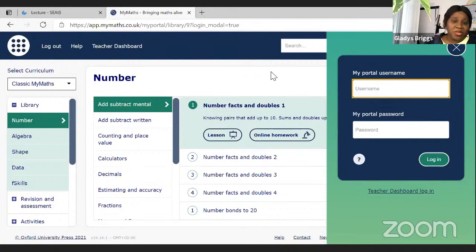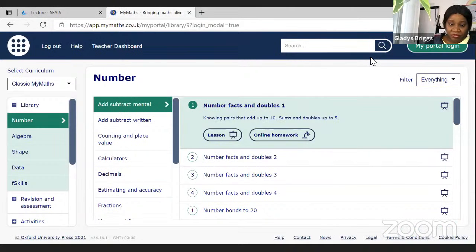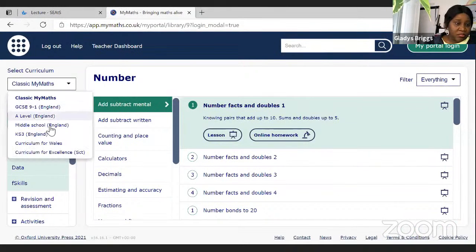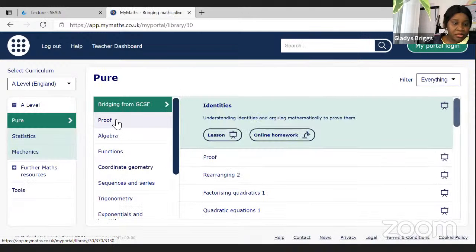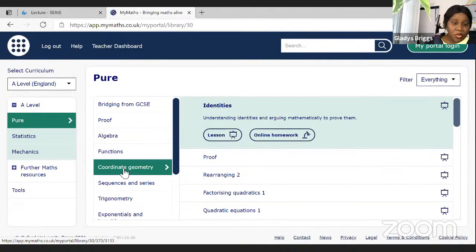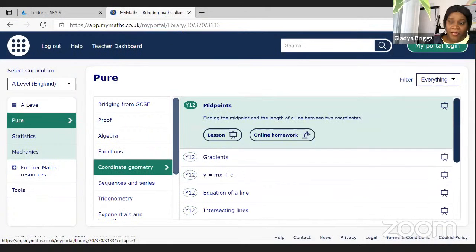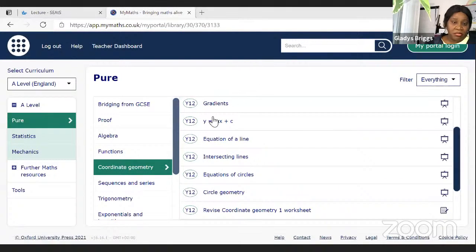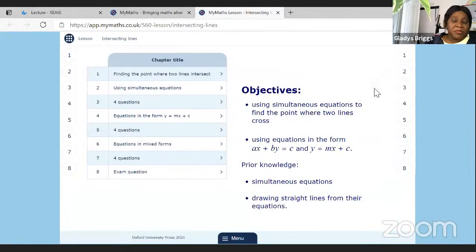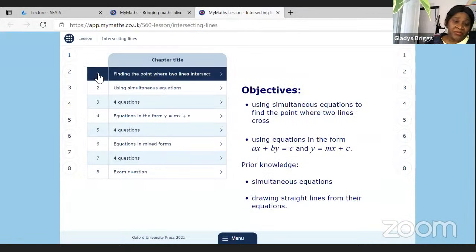Okay, so I'm going to A levels, coordinate geometry. And we're looking at intersecting lines to start off with, okay? This is not something serious that you haven't done before.